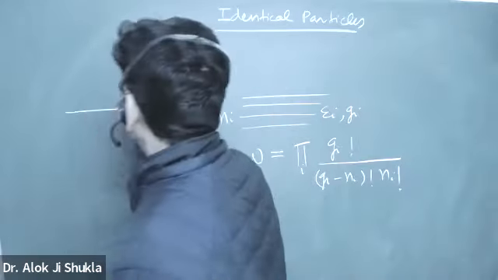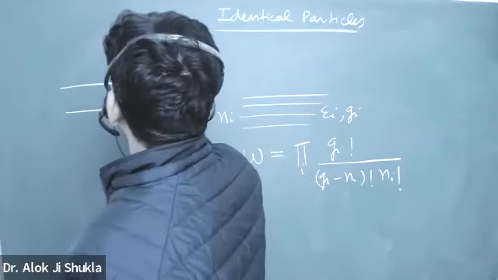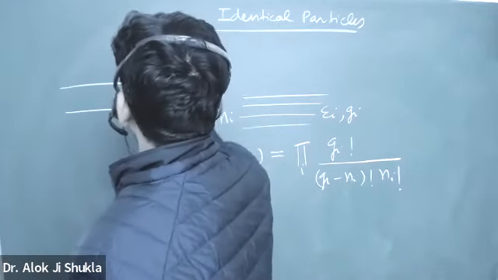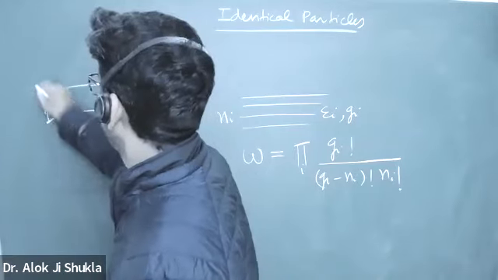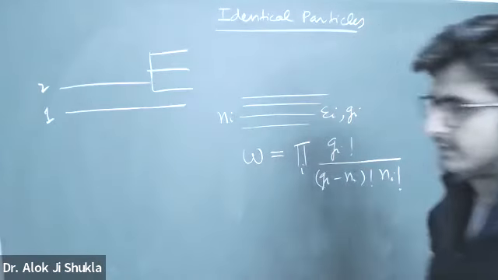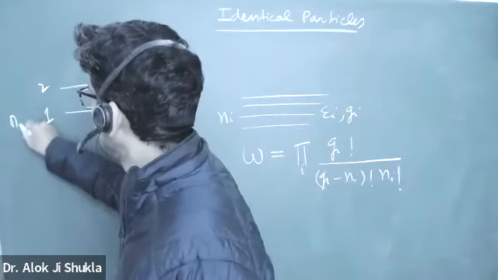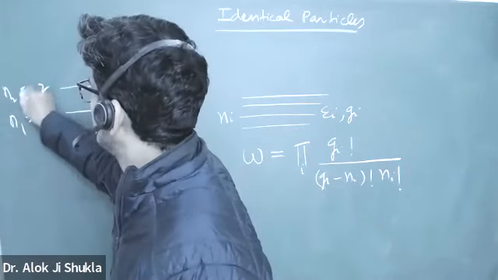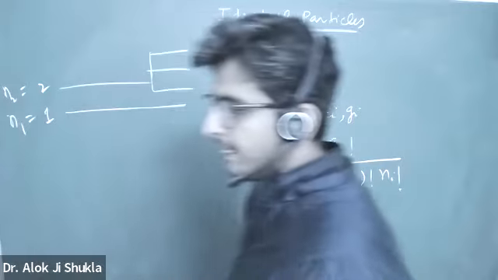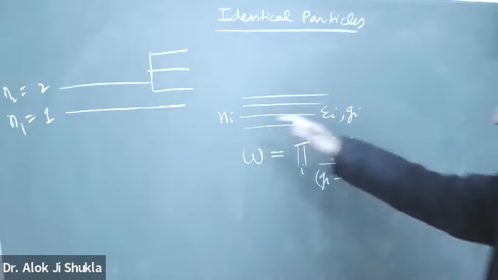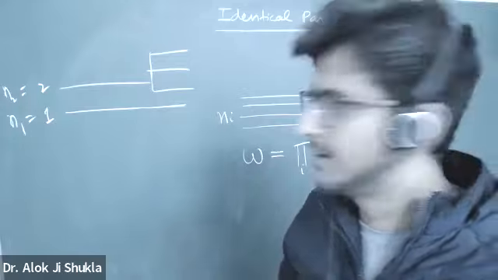You can use this if the number of particles is directly given. For example, suppose this is the situation. Here one particle, here two particles are given, this is n1, this is n2. The numbers of particles are given, and you have been asked in how many ways these fermions can be arranged.